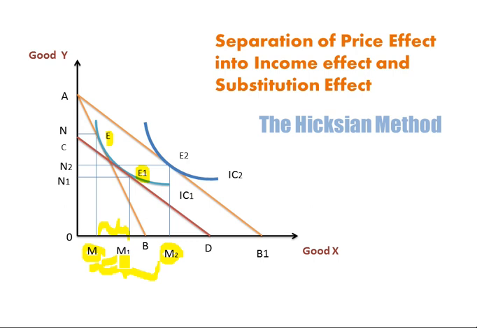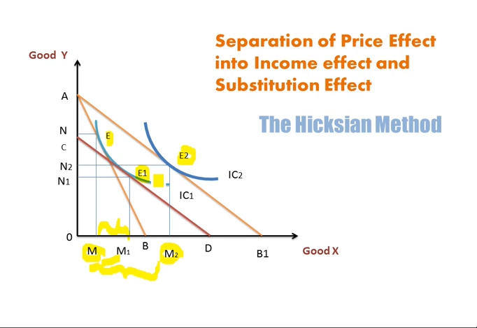And if the income that was taken away is given back to the consumer, then the consumer is in equilibrium at point E2, right? There is a movement from equilibrium point E1 to E2. That is known as income effect, because the income is given back to the consumer.